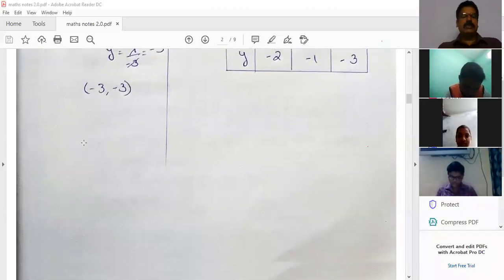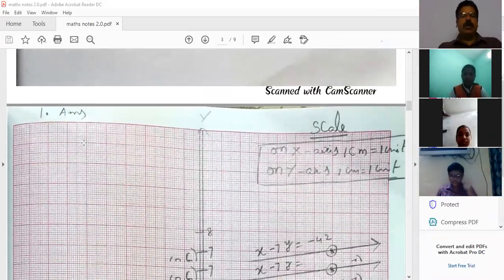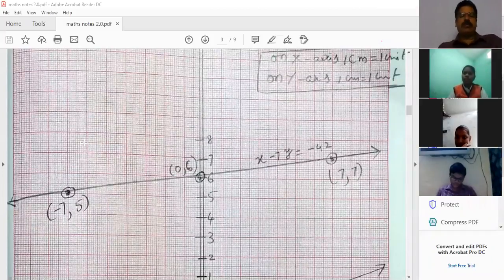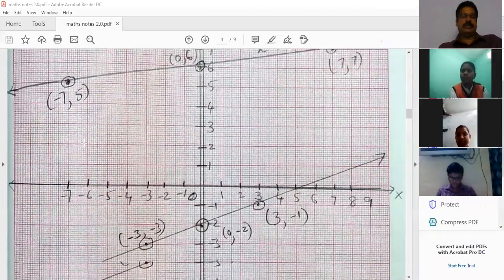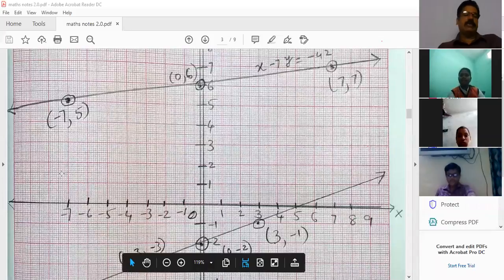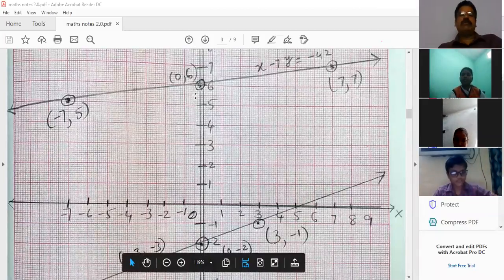Now I'm sharing the graph. See once. Now you don't copy the graph. You have to draw the graph at home using the solutions I gave. See, the graph you get looks like this. My first coordinates are -7, 5. This is x equal to -7 and y equal to 5. I plotted it. The second solution is x equal to 0 and y equal to 6.